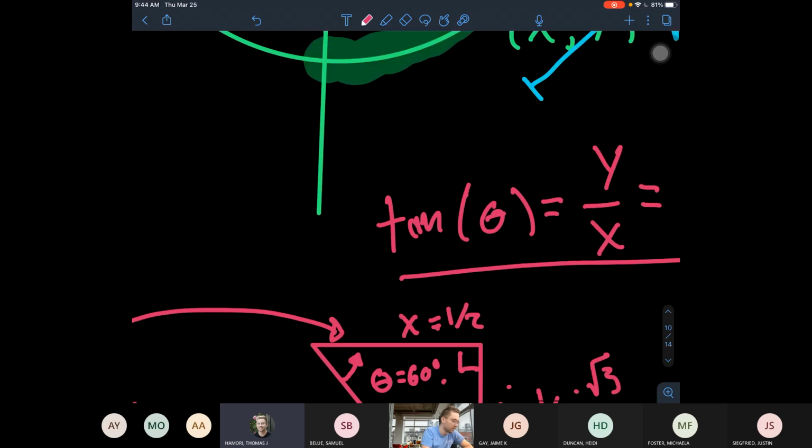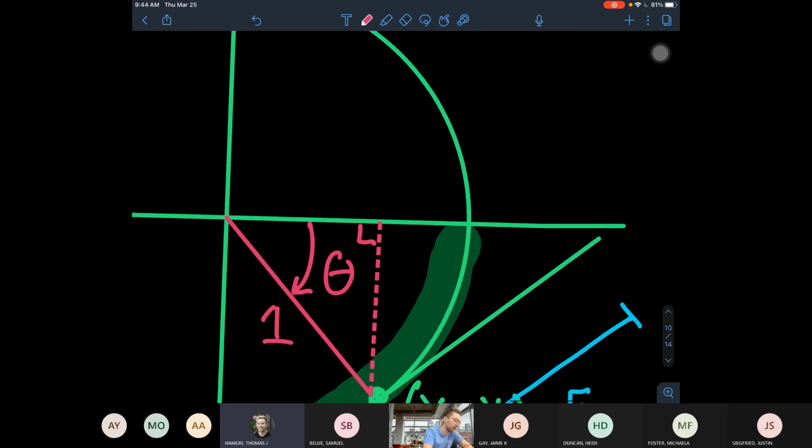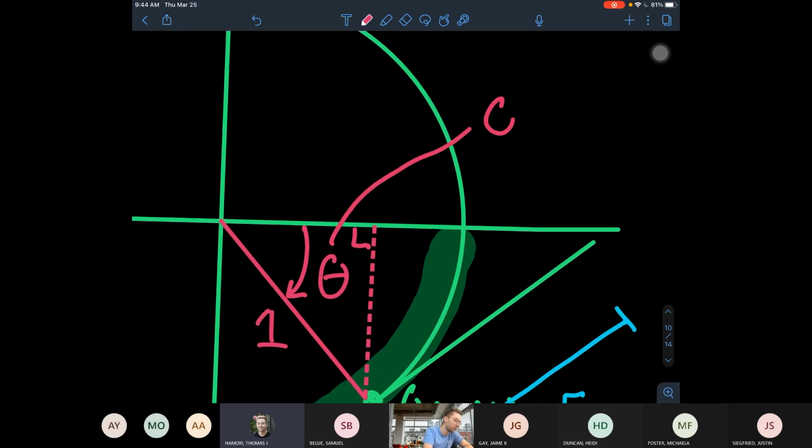If I'm instead inside my circle and I'm measuring the angle in the opposite direction, then theta should be equal to negative 60 degrees, or negative pi over 3.